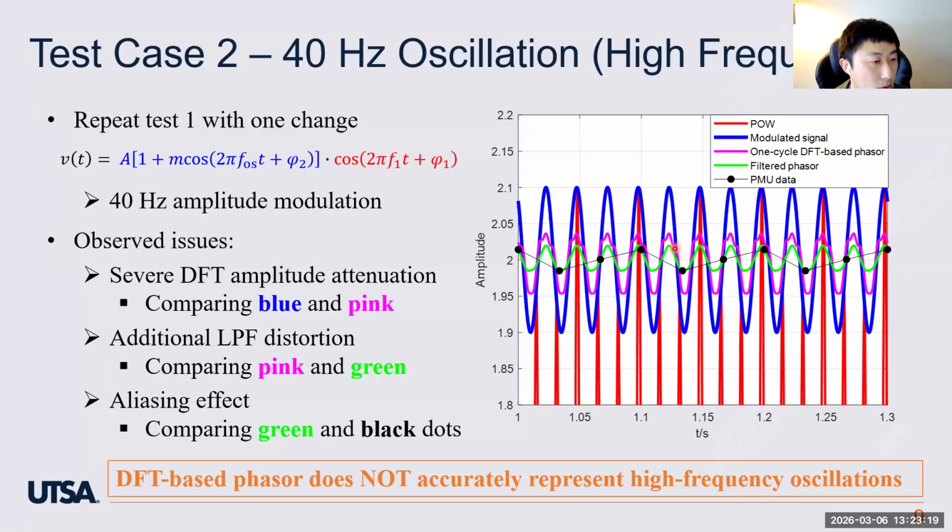And going from the green curve to the black curve, that's the downsampling process. So you can see that the 40 Hertz oscillations appear to be 10 Hertz in the PMU output. That is totally caused by the aliasing effect, or the low sampling rate, low reporting rate issue. So in short, DFT is not good for high frequency oscillations.